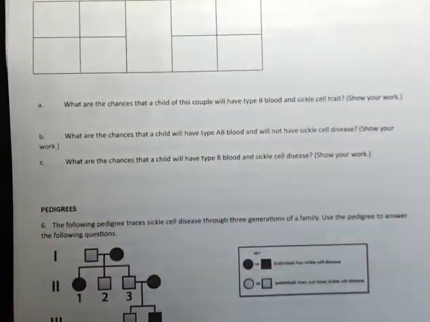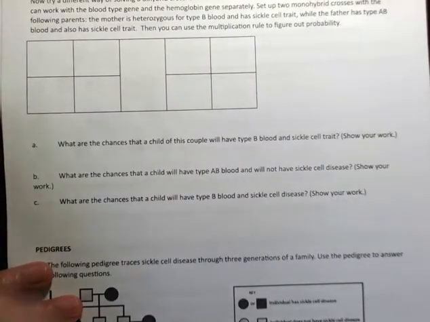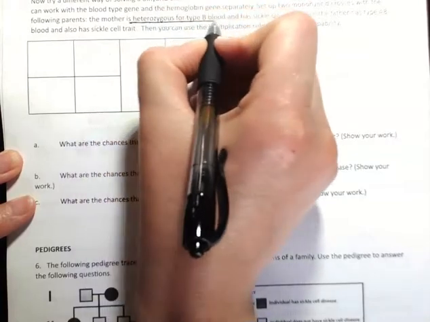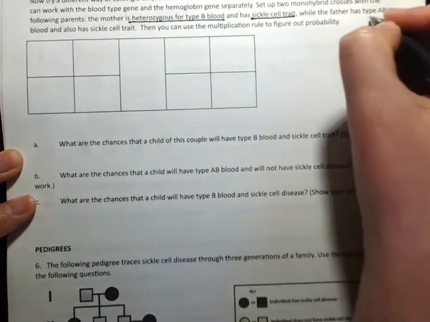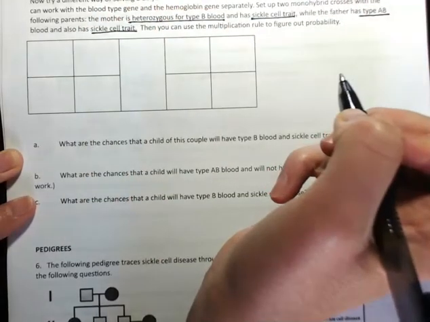There's actually a different way to solve those kind of problems, and it's really up to you which one you're more comfortable with, but I figured this would be a good chance to go over how you might do that if you come across these. So, let's say that in this case we have a mother who is heterozygous for type B blood and has sickle cell trait, and the father is type AB and also has sickle cell trait.